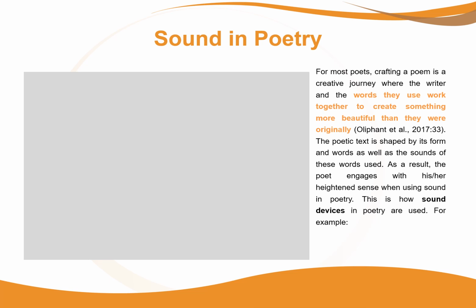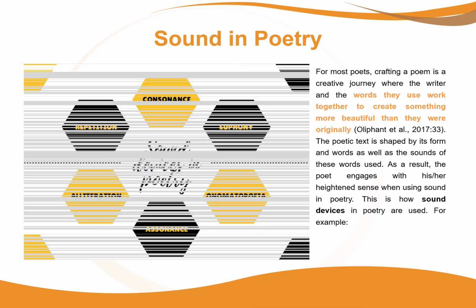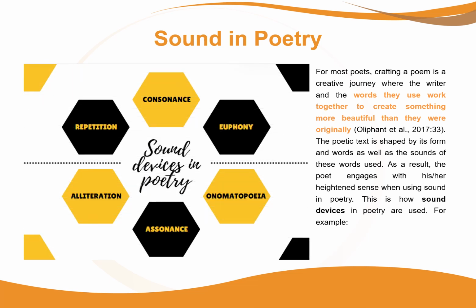As a result, the poet is able to engage with his or her senses, which are heightened when using sound in poetry. Sound devices in poetry are therefore applied, for example, the poet's use of consonants, euphony, onomatopoeia, dissonance, alliteration, and repetition.